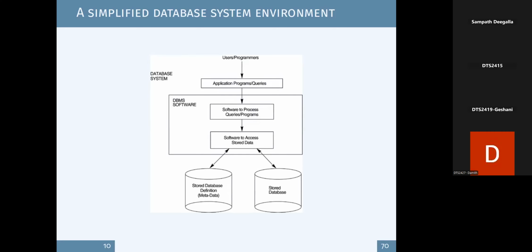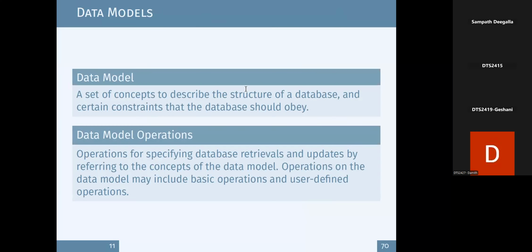Then we normally talk about the data models and the model operations. Ideally, these are different concepts for describing the structure of the database and also the constraints. And the database model operations means the operations for specifying database retrievals and updates related to the particular data model, right?